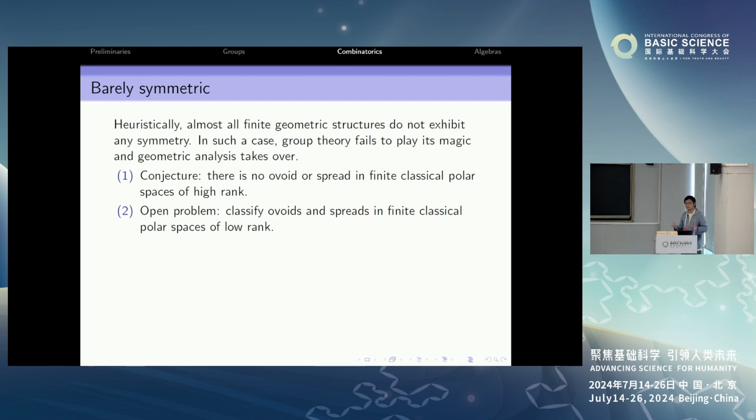So you need to do ad hoc geometric analysis. One of the most famous conjectures is that there's no ovoid or spread in finite classical polar spaces of high rank. So this is very interesting. You cannot use group theory. This is not our main thing in this talk.